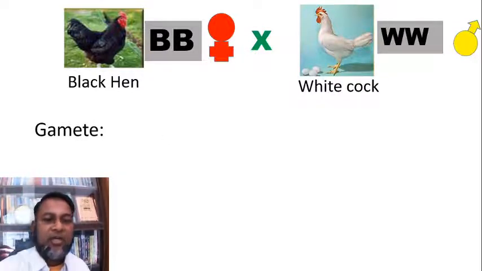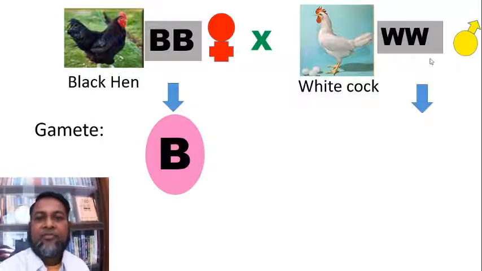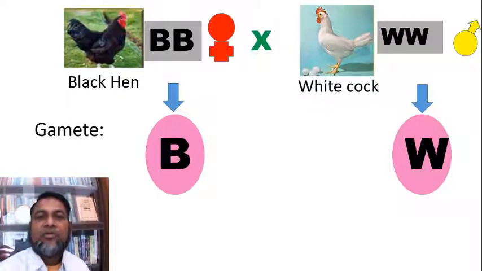During gamete formation, from the two B, one B goes to the female gamete, and from the two W, one W goes to the male gamete.